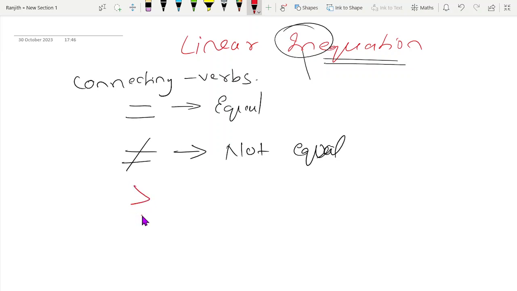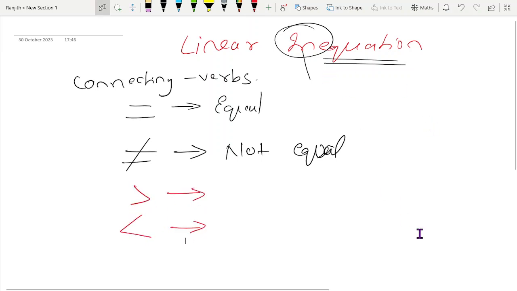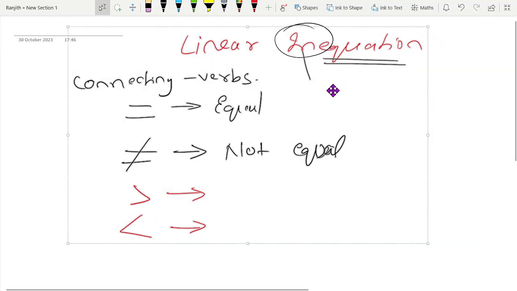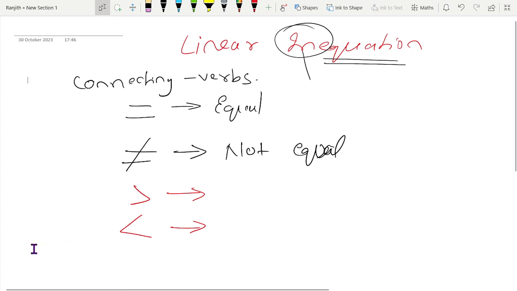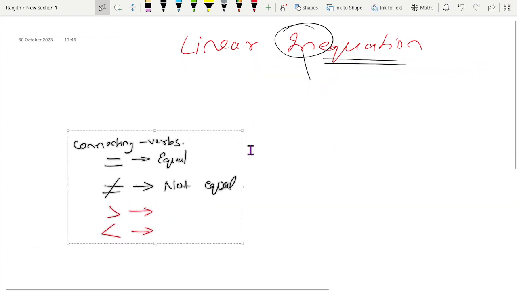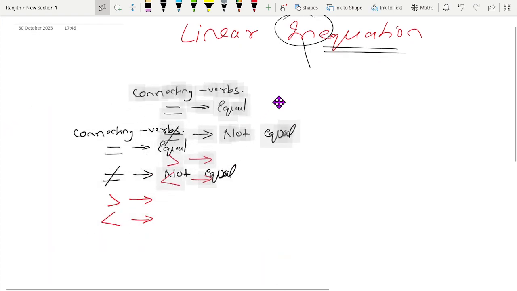What is this? What's the third one? Greater or lesser?